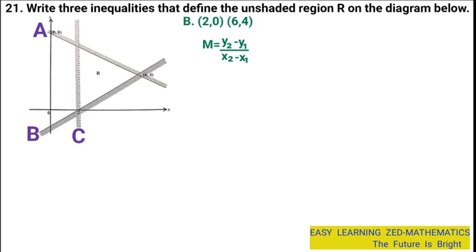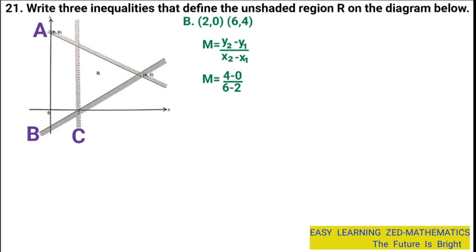So let me write m for gradient. The value of y2 is 4 and the value of y1 is 0. Then the value of x2 is 6 and the value of x1 is 2. So it's going to be 6 minus 2.